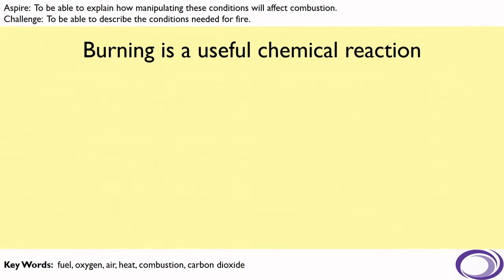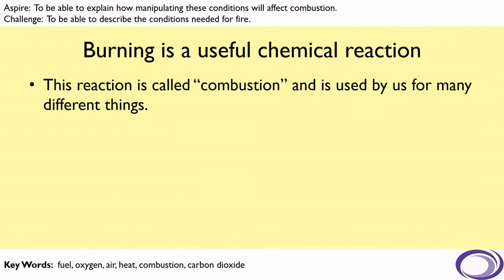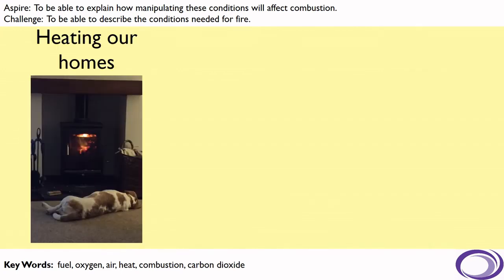Now, burning requires air. And that's why I asked you to remember those percentages first. Burning is a useful chemical reaction, and that reaction is called combustion. And it's used by us for many different things. Heating our homes.